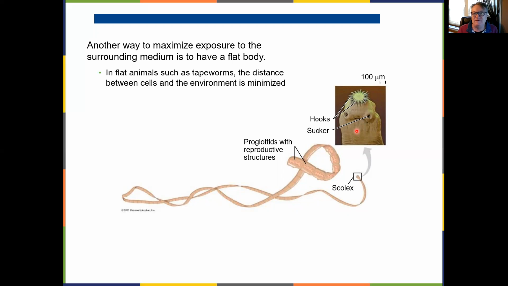Make yourself very, very flat, give yourself plenty of opportunity to diffuse things between yourself and the environment, and that's a good solution. So this can become a very, very large animal in length, but they're still only a few cell layers thick. So very, very thin, but extremely long.